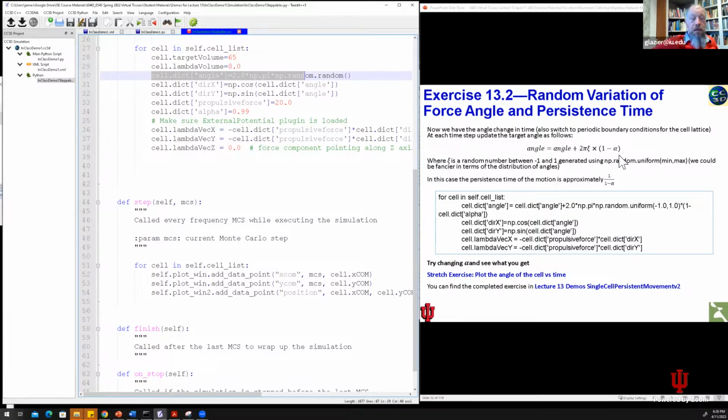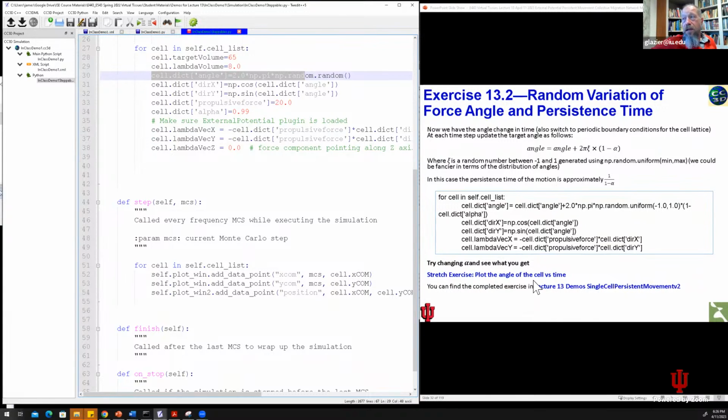If alpha is 1, the angle is totally persistent. And if alpha is between 0 and 1, the bigger alpha is, the longer the persistence time of the cell is. You should be able to see that very clearly when you run the simulation. So why don't you try that? And you can play with alpha and see what happens between those two limits.